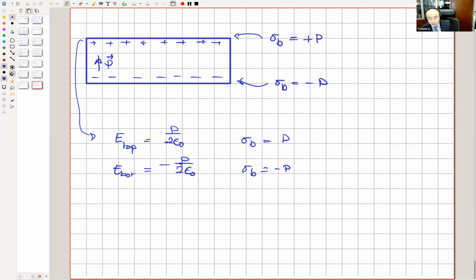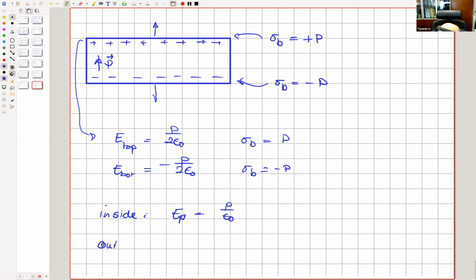Inside, of course, because one surface is defined in this direction and one surface is defined in this direction, I basically have that the E, due to just the polarization, equals P over epsilon naught.